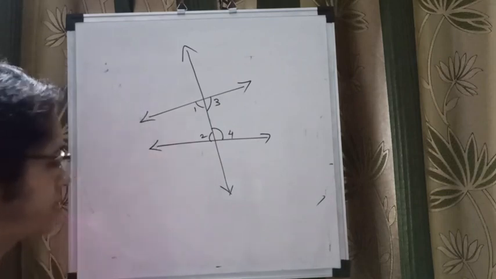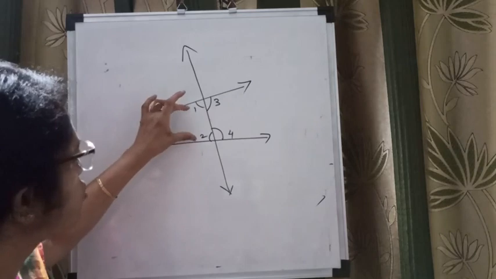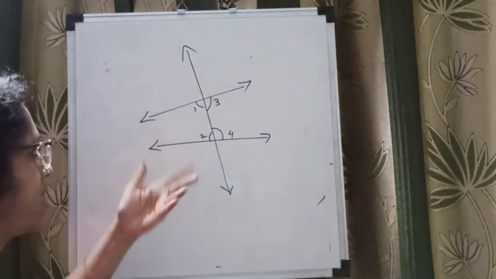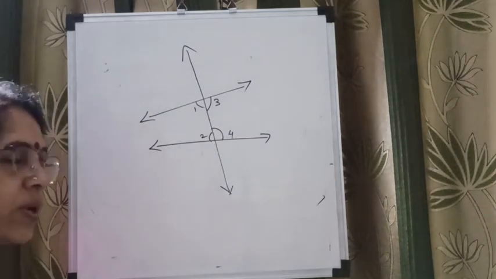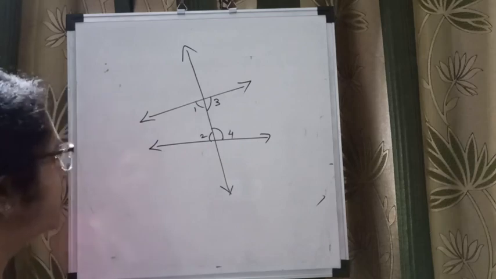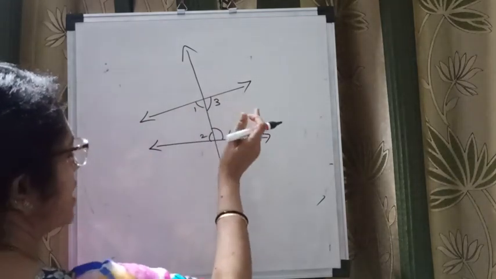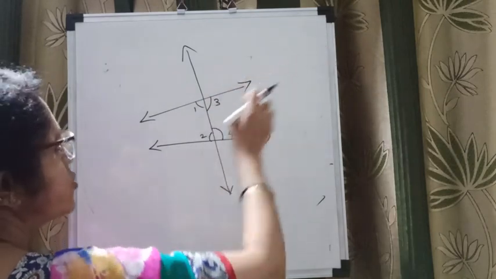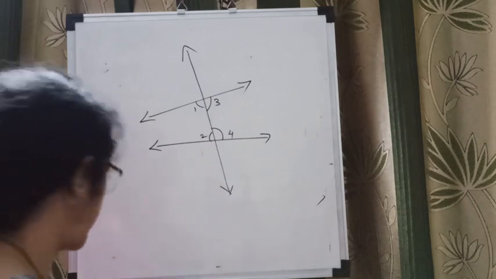Now what the postulate says is that since the sum of these two angles, they are both less than 90, their sum is also less than 180. Now if these lines are extended, definitely they will meet at a point. Whereas on the other side, if I extend these two lines, they will go away, separate from each other.